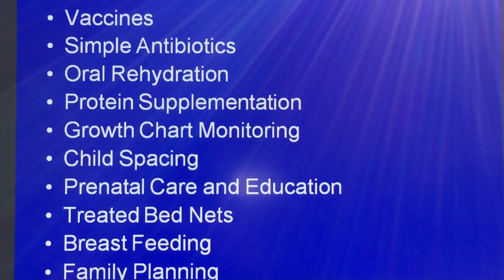And so by just child spacing to at least a minimum of 2 years between children, if better 3 years, but definitely at least 2 years, you can improve the health of the individual children and the mothers by just doing that and doing none of the other things. Obviously, we want to add them all because they're all relatively simple, and they're also relatively inexpensive.